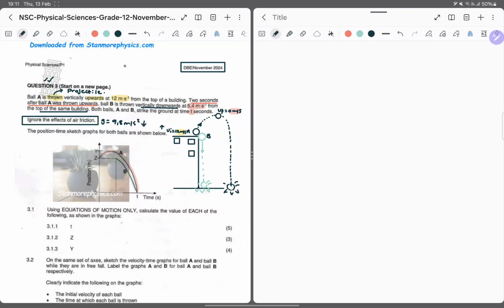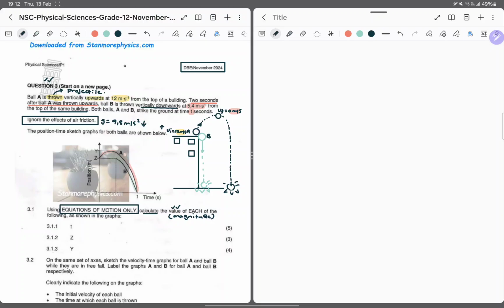Not a problem. So we are told using equations of motion only, nothing else, guys. No energy principles. So this is a strict rule. We need to calculate the value of each. So if we're just doing the value, we're just focusing on magnitude. So there's many ways of saying the same thing. So the examiners become very creative.